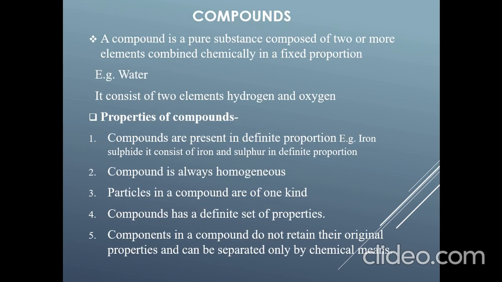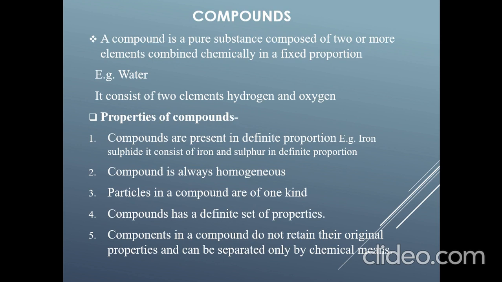Now let us understand about compounds. A compound is a pure substance composed of 2 or more elements combined chemically in fixed proportion. Now let us consider the example of water which we use in our day-to-day life.